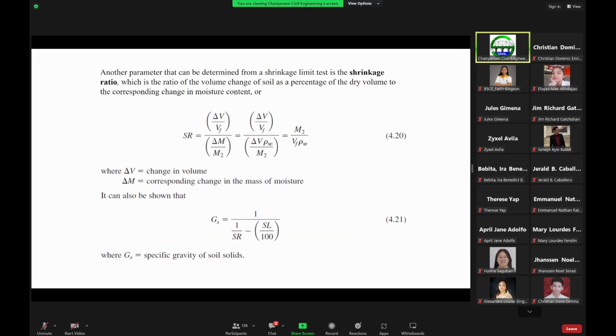Now, if desired, the maximum expected volumetric shrinkage as well as the linear shrinkage at the given moisture content, W, can be calculated by this formula here, where the volumetric shrinkage, Vs, in percent is equal to the shrinkage ratio, SR, multiplied by the given moisture content minus the shrinkage limit.